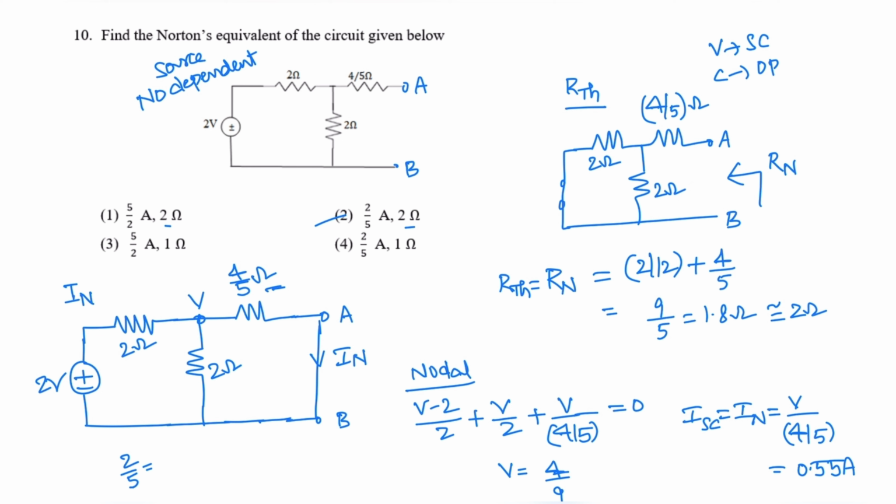So 0.4 is close to 0.55. The nearest option is 2. So this is the short circuit current calculated by using nodal analysis, and from this circuit Thevenin's resistance.